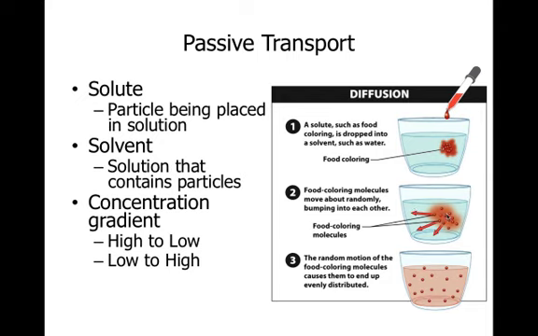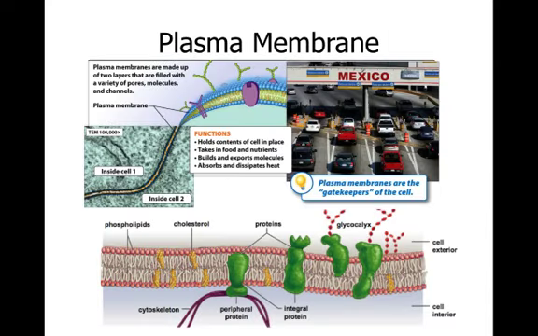It's diffusing from an area of high concentration to an area of low concentration in order to make it the same throughout the entire solution. So the goal of diffusion is to make it the same throughout. And most often that goes from an area of high concentration of solute to an area of low concentration of solute.